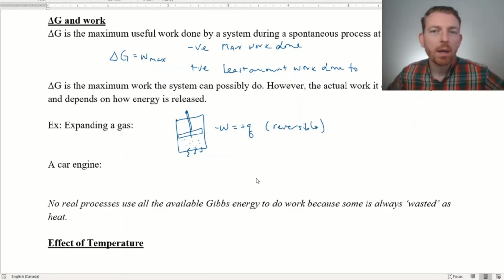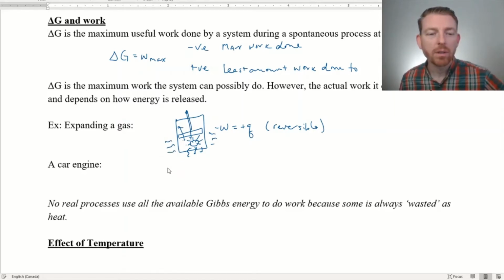A car engine, of course, you're getting work out of the system. You are performing the combustion of gasoline, and it's going to also be a cylinder. So the combustion inside that cylinder area is driving that piston up, and it's also generating a lot of heat, right? So your balance between work and heat is going to be quite a lot less.